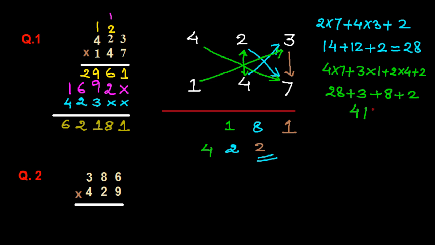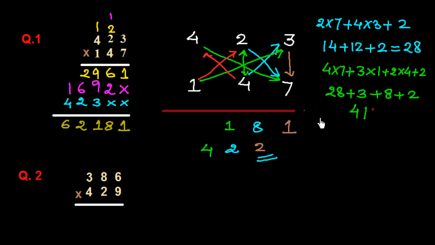Now what we have to do here? Now we multiply these diagonals. On the right side we have this pair of two numbers, and we multiply the diagonals in the crisscross technique and add up this 4 also.